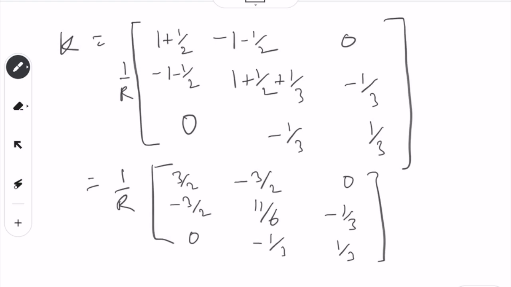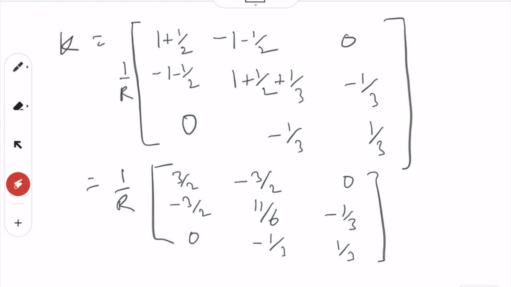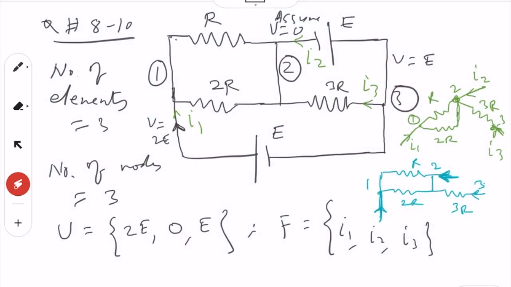Okay, now what do we have to find out? We have to find out I, and we know that f is basically I, right. So this f means I1, I2, I3 is equal to this, multiplied by the u, right.